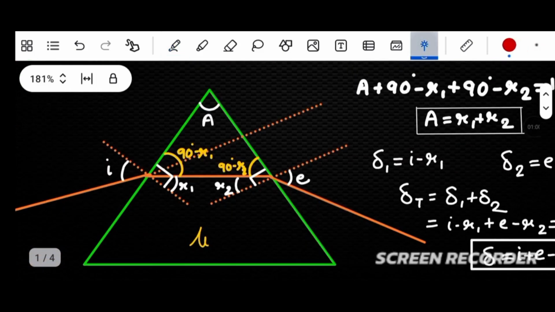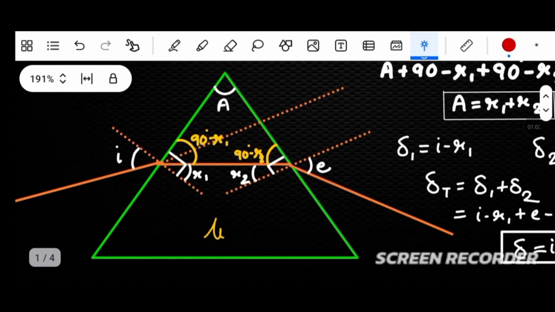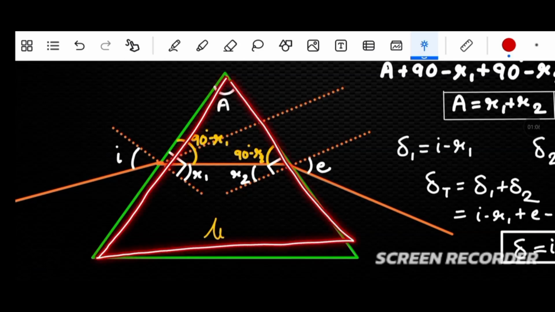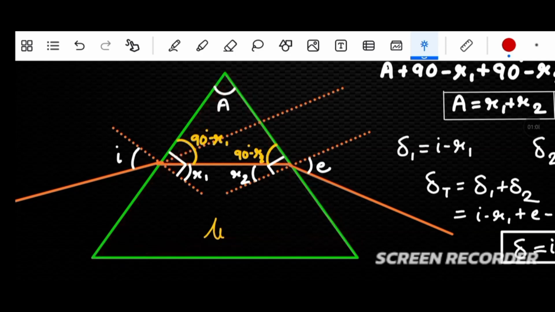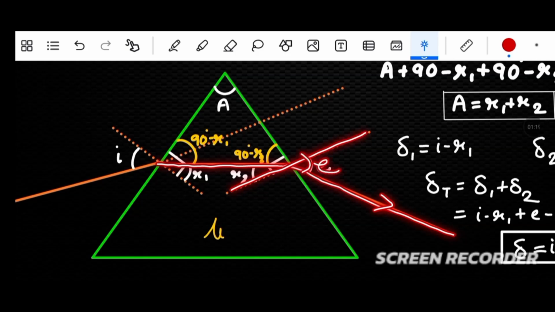Now this is the prism, a glass prism, say maybe a quartz prism as well, we don't know, but a prism to be precise. A ray is hitting the surface, is incident on the prism surface, on one surface, and is emerging out of the other. That's why we call this the emergent angle, and this is the incident angle.